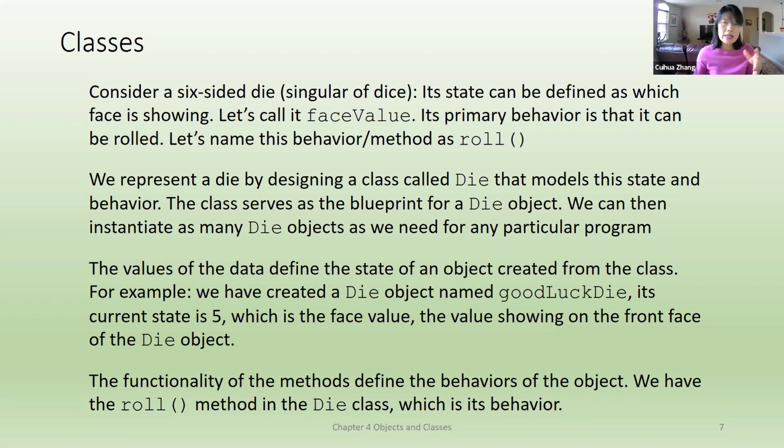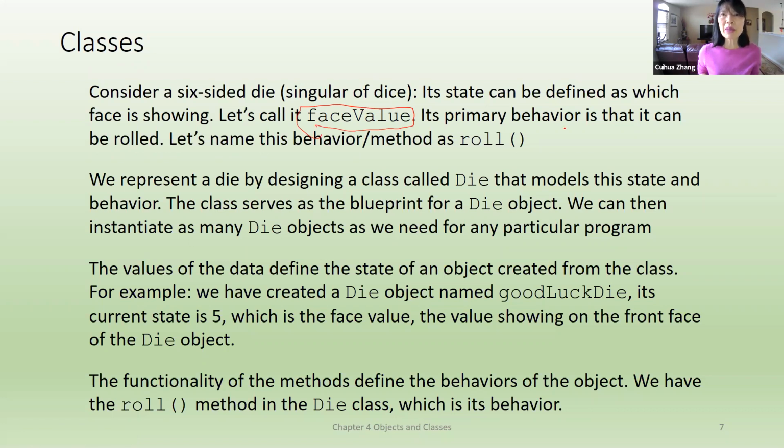Yes, that is the top. When you throw it, you see the value on the top, right? That is why here it's saying consider a six-sided die, singular. Its state can be defined as which face is showing. Let's call it the face value. So that will describe a die, the face value, what value it is.